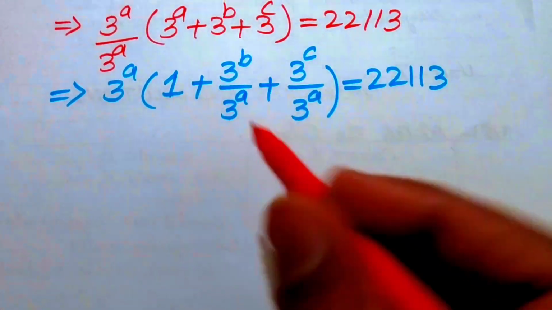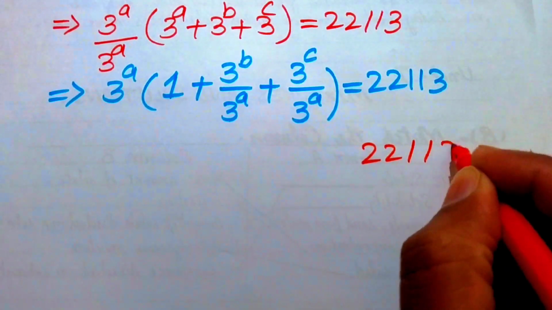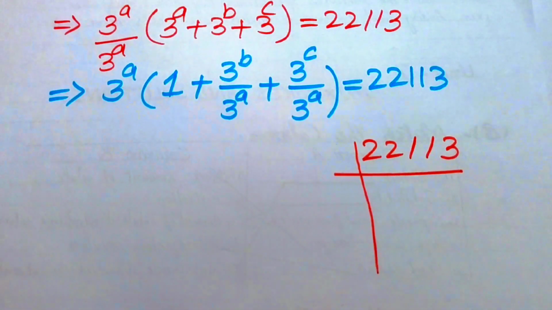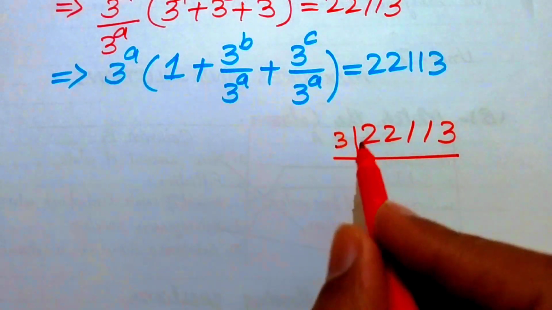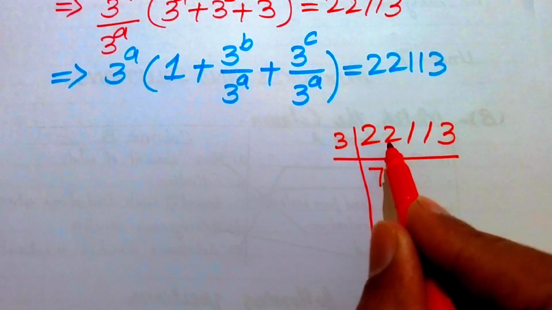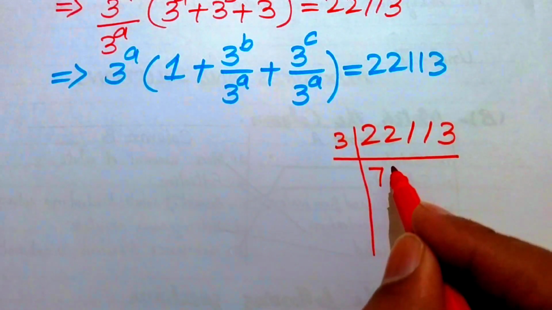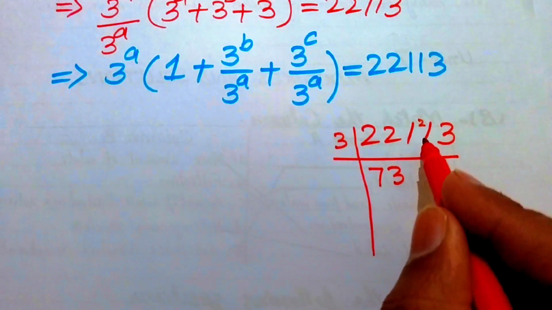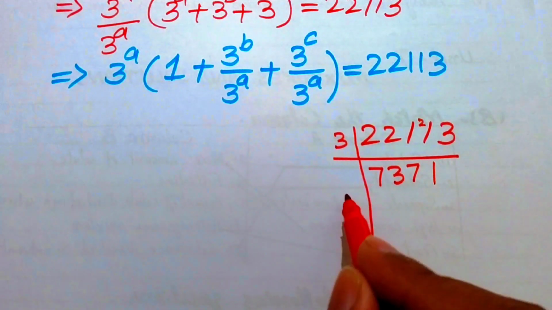In the right hand side we have this number 22,113. Now we find the prime factors of this number. First we divide it by 3. 3 sevens are 21, and you get 1 and 1 and 1 is 11. 3 3s are 9, and again you carry 2 and it becomes 21, and 3 sevens are 21 and 3 1s are 3.